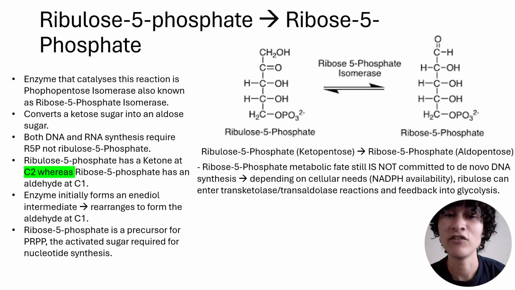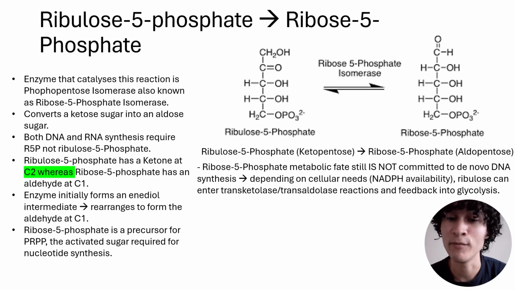Now, how did we get our ribulose 5-phosphate? Okay, well, that was through an oxidative decarboxylation of our phosphogluconate. Okay, and that oxidation of that hydroxyl group on the third carbon, by our NADP plus as our oxidizing agent, resulted in the formation of a keto group.